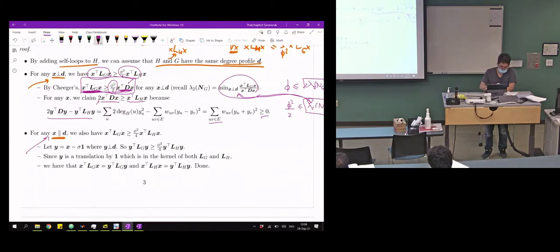And now for the second case, when X is parallel to D, it actually reduces to the first case. Why is that?